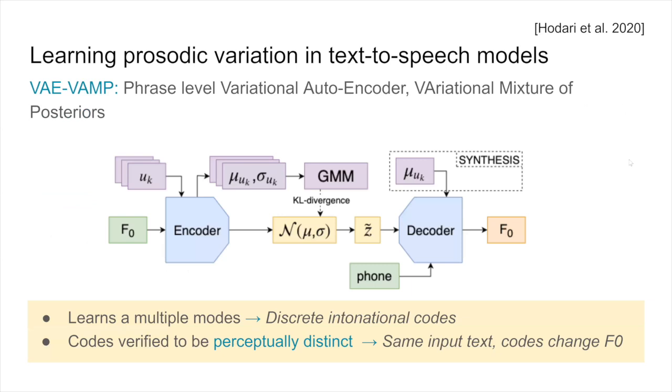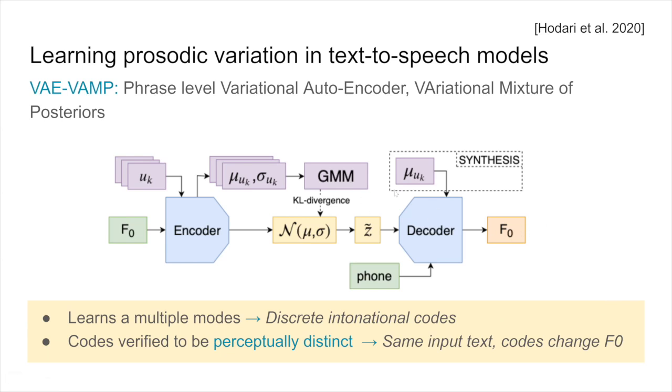So here is a model. I won't go through it, but this is some work from Zack O'Dari that I was also co-author on in 2020. It's basically learning discrete intonational codes for F0. You put the F0 in and have a model in between that compresses it into some discrete representation, and the goal at the end is to reproduce that in the training phase.